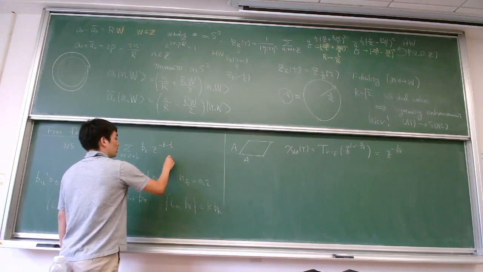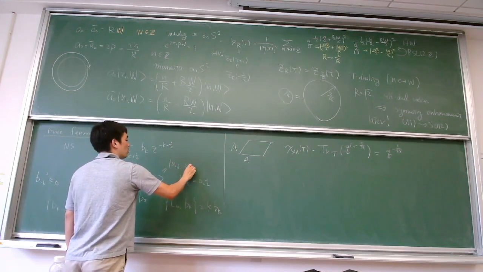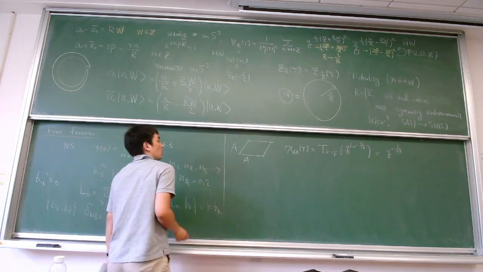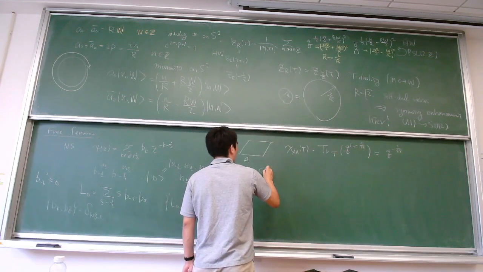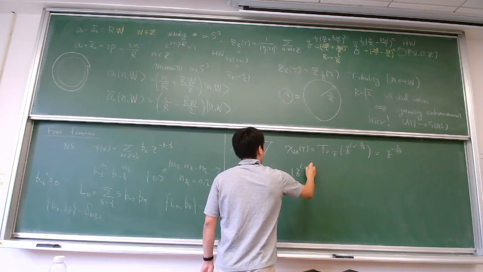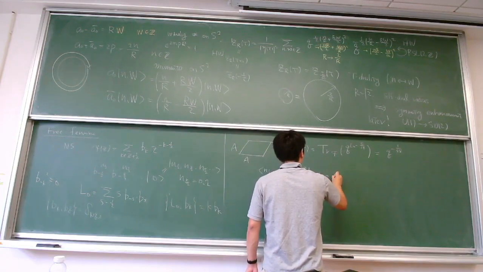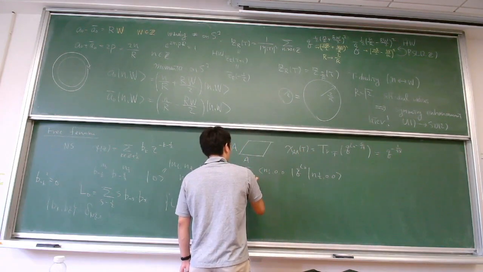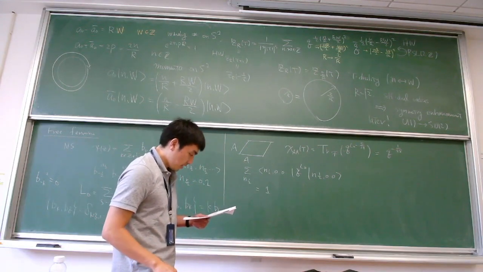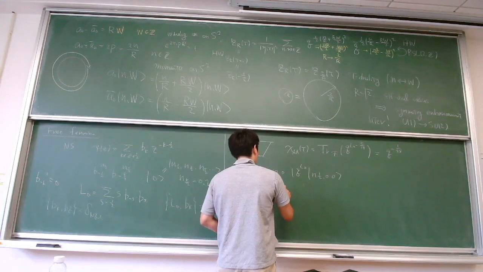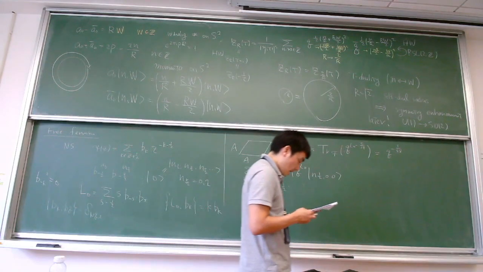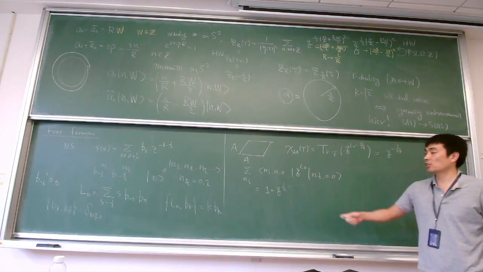If you consider the sum over n, then we will have 1 plus q to the 1/2. 1 is the n equal to 0 part, and q to the 1/2 is indeed n equal to 1.